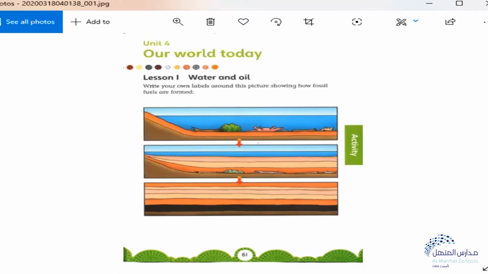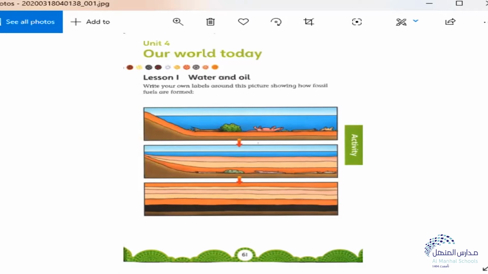Now, if you look at the picture, the light blue in the picture is the topsoil. That's the top of the ground.